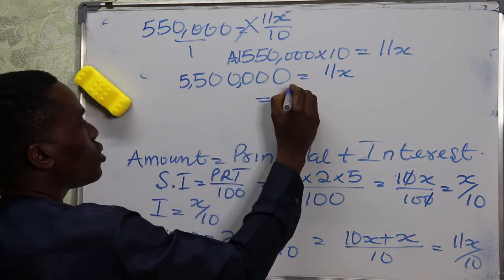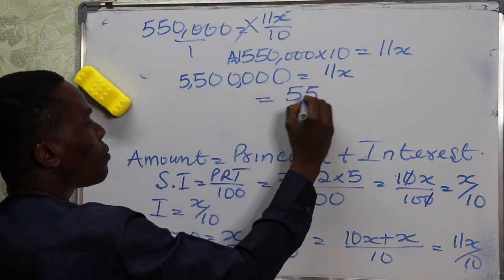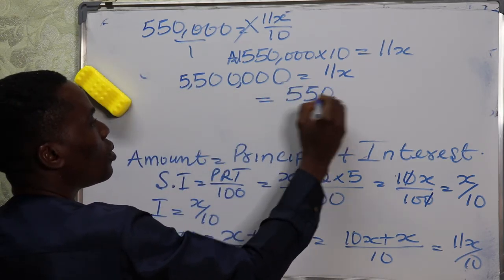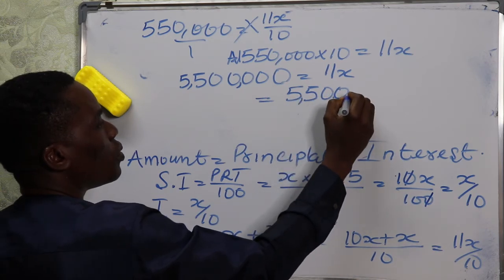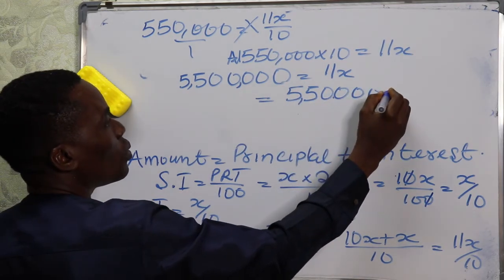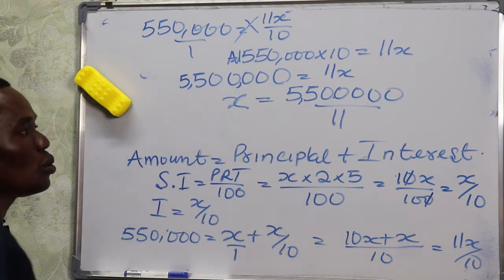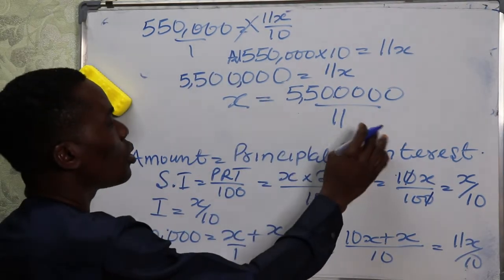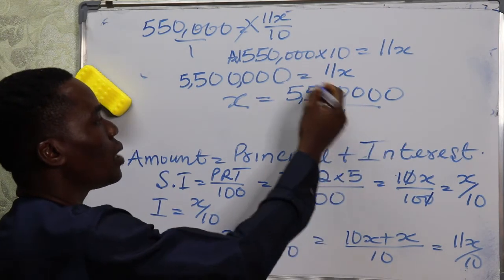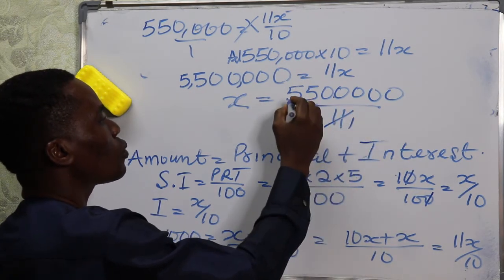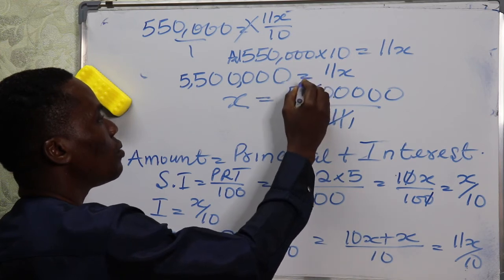Then our X is going to be equal to 5,500,000 divided by 11. That is what our X will do. Now if you use your calculator to divide this, or better still, we can divide this. 11 here will give us 1, 11 in this will give us 5.